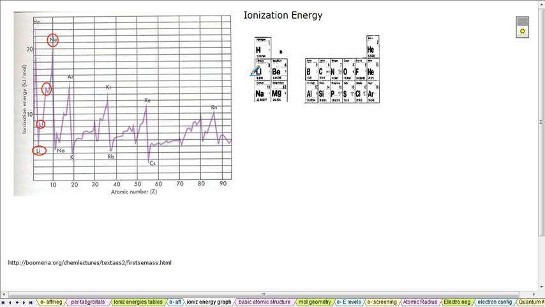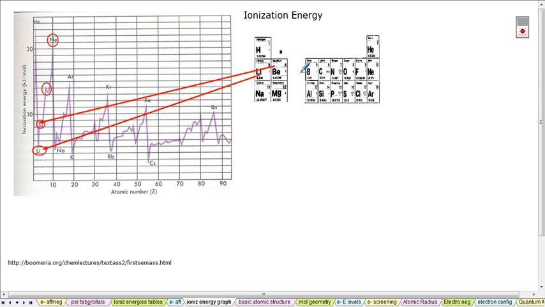much higher. It makes sense that it would be much more difficult to remove an electron from a noble gas, where it's stable, than, say, from hydrogen, which is not stable. And we can see some of the elements here. Here's the value for lithium, and here is the value for beryllium.